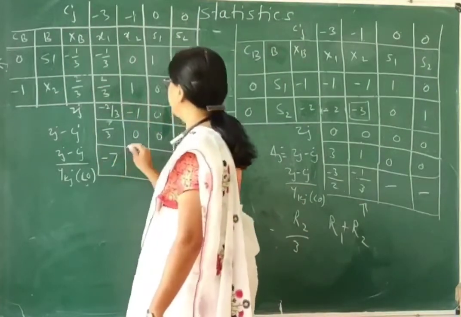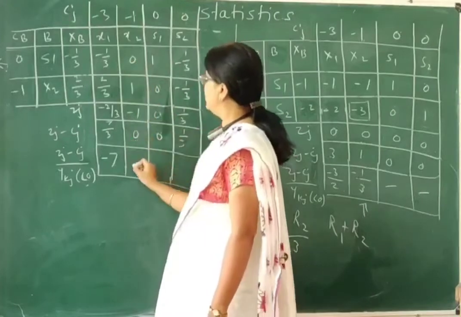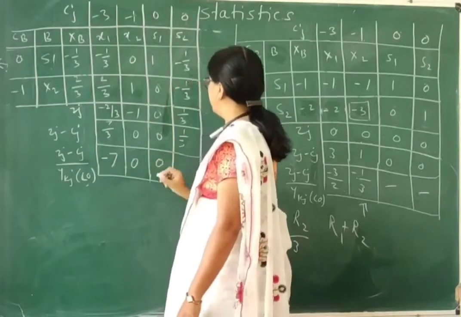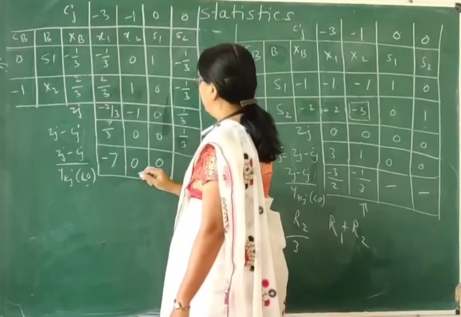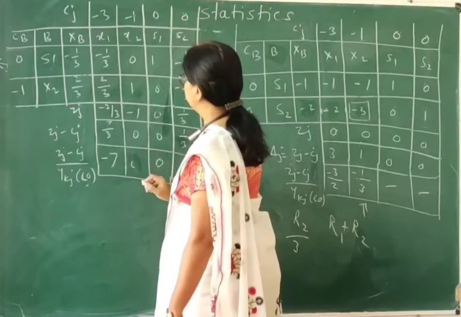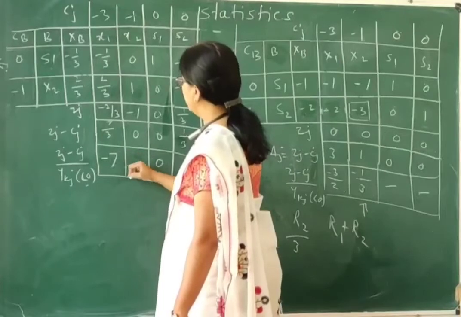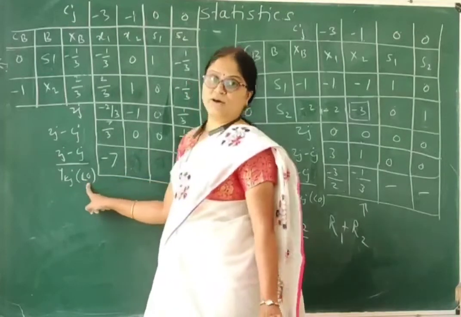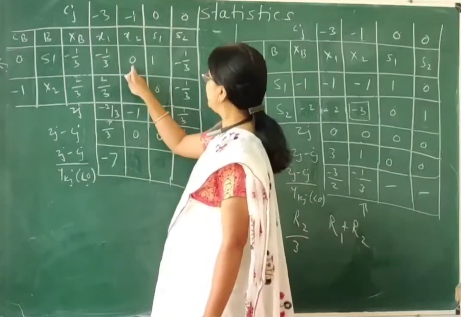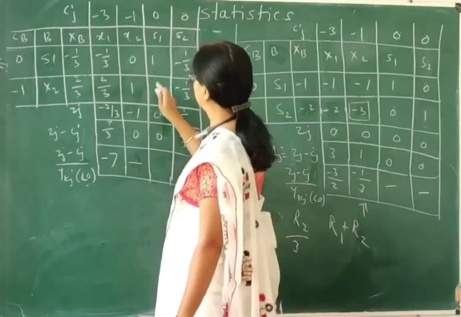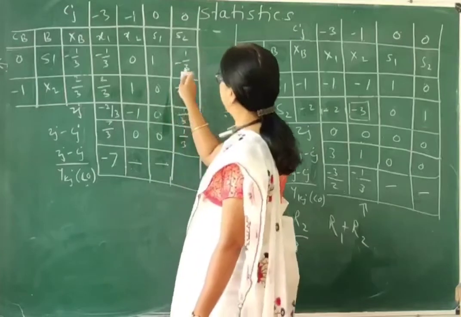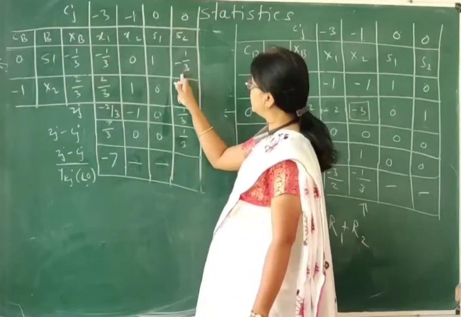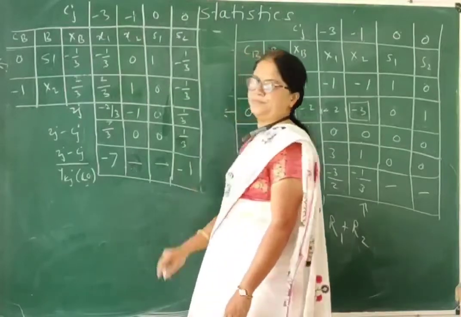Okay. Then next we have 0 divided by 0, it is 0. Then 0 divided by 1 is again 0. Actually, we check whether our YKB is less than 0, then only we have the ratio. Since YKB is positive, we can't have it. If YKB is negative, we have the ratio. So 1 by 3 divided by minus 1 by 3 is minus 1. Right?